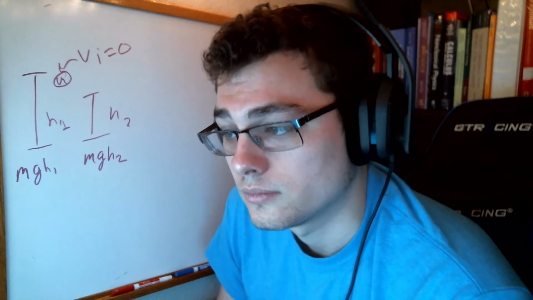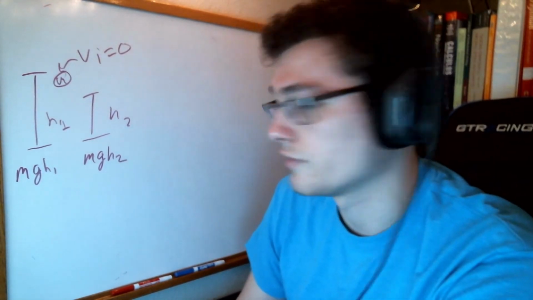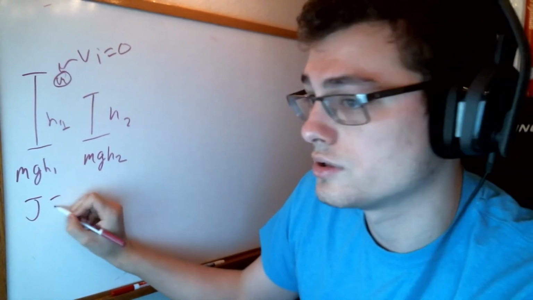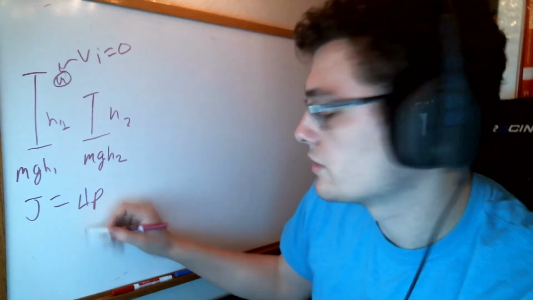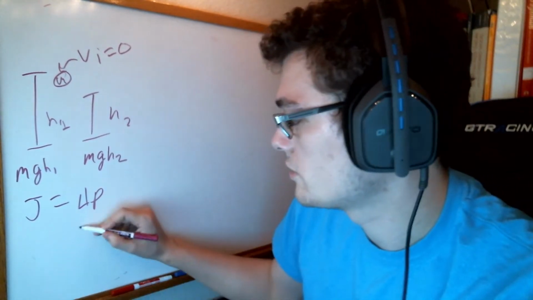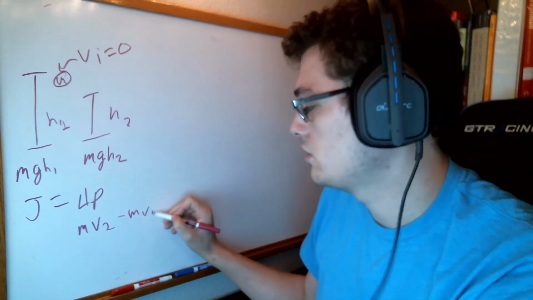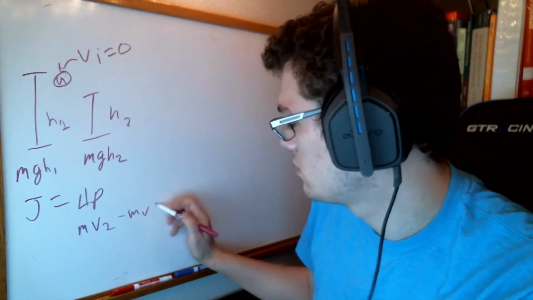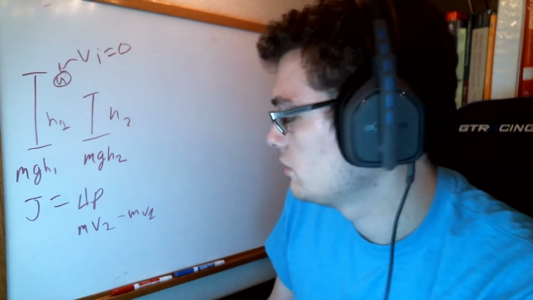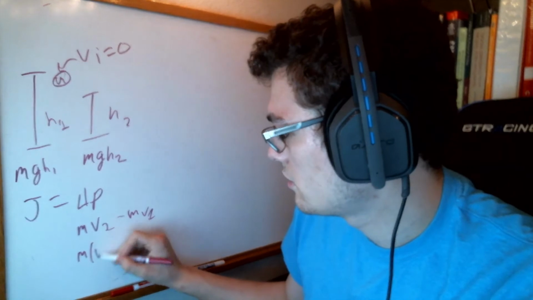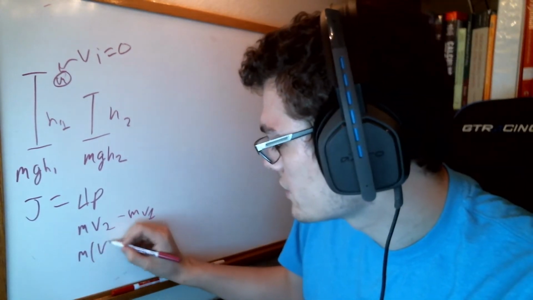That's just one indication of what we can use to solve this problem. Then we know that J is equal to delta p, the change in momentum. So we have mv2 minus mv1, and we can just factor out an m here because we are assuming that the baseball doesn't lose anything when it bounces off the ground.